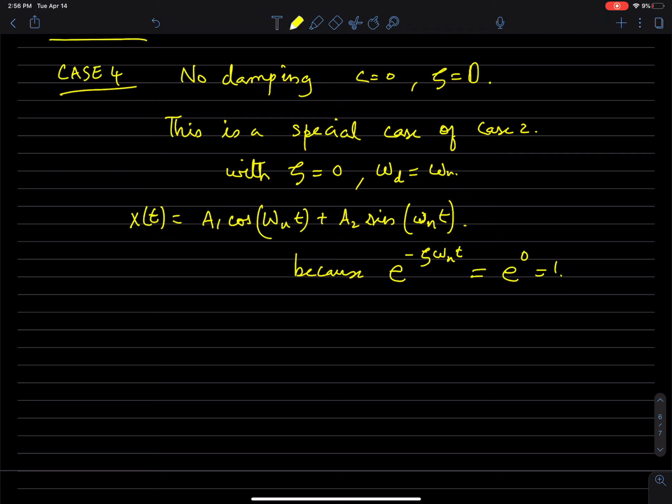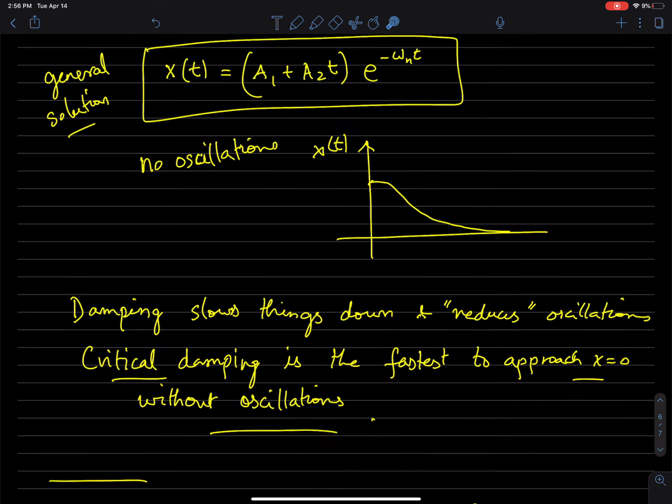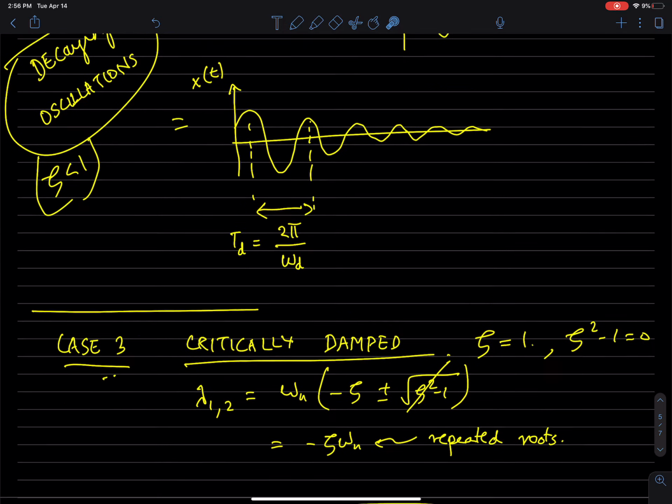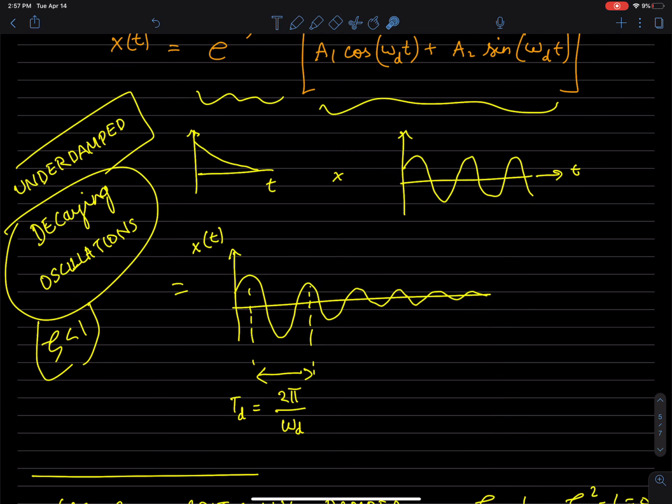Okay, that's case 4, which is something that we discussed completely separately in the previous lectures. Okay, so those are all the expressions for the solutions for x of t given a system with a mass, a spring, and a damper.